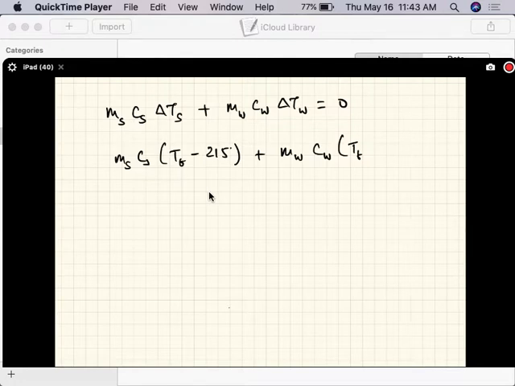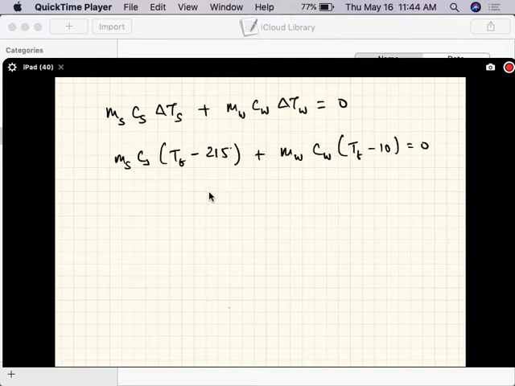The final temperature is the same for water and steel, minus 10 degrees Celsius. Okay, so the final temperature will be less than that, so this will be negative, and the final temperature will be greater than that, so this number will be positive. And of course, what we know is if this number is minus 100, that number will be plus 100, and that'll be equal to 0.